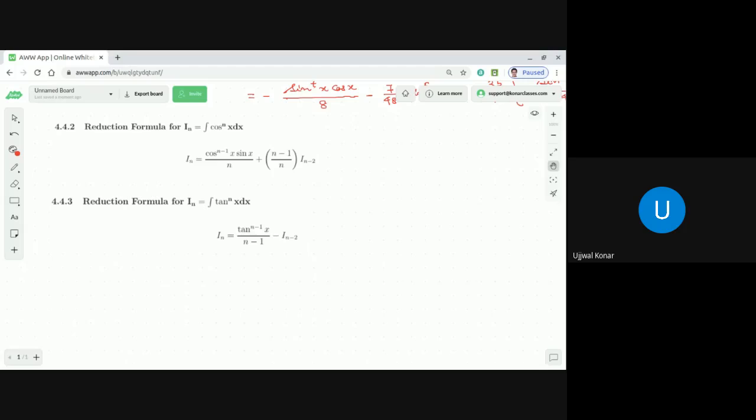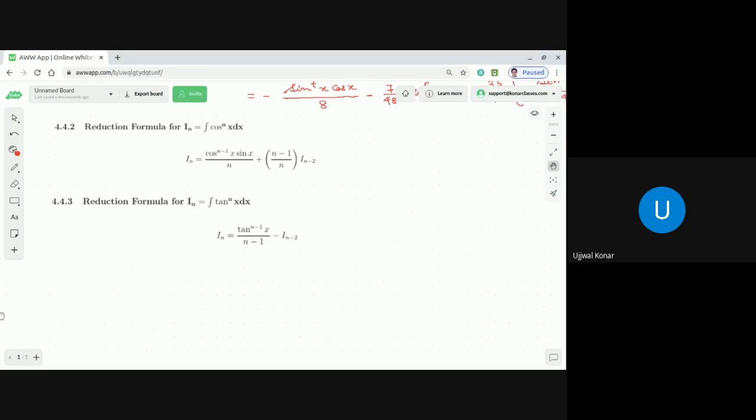If we give I_n equal to the integral of tan to the power n x dx, that becomes tan to the power n minus 1 x by n minus 1, minus I_(n minus 2). Got it? That means if it is tan cube x dx, then it will be tan square x by 2 minus the integral of tan x dx. Got it or not?